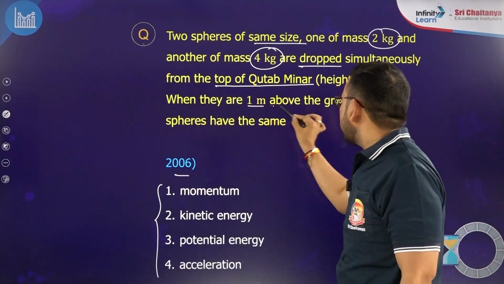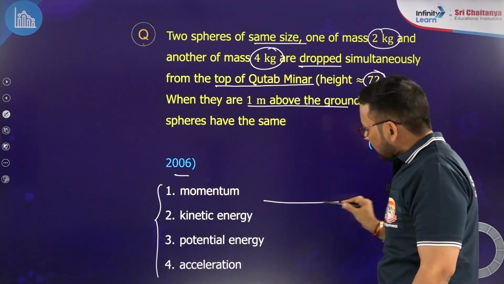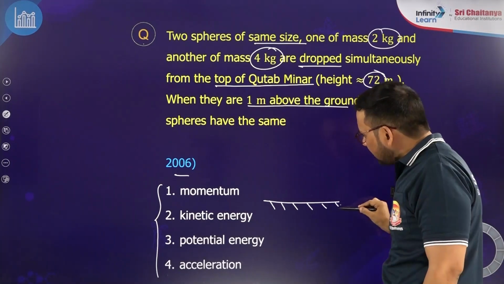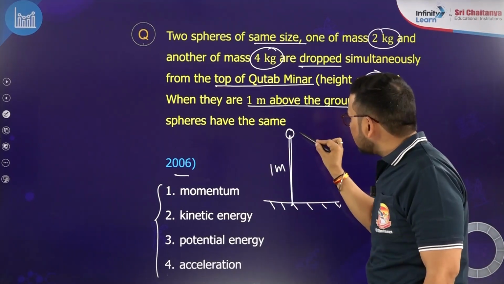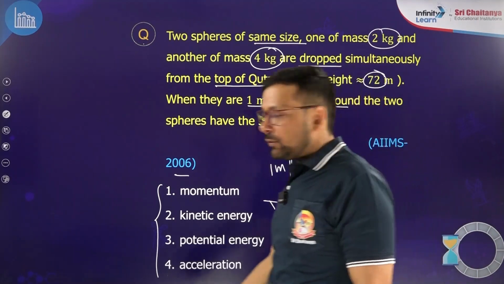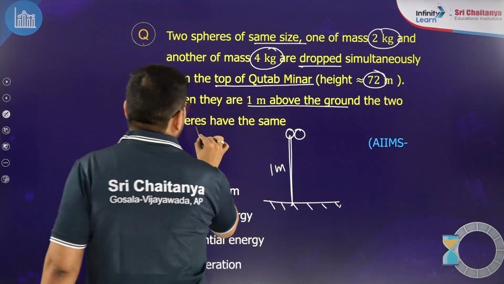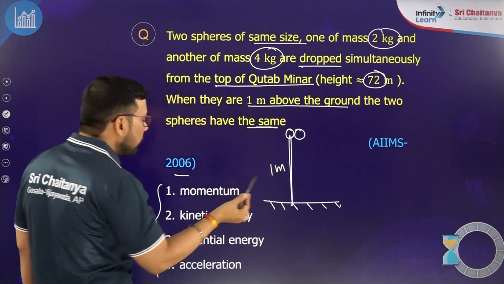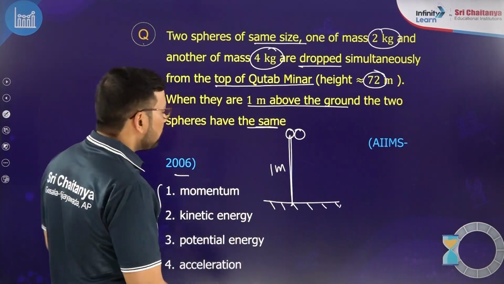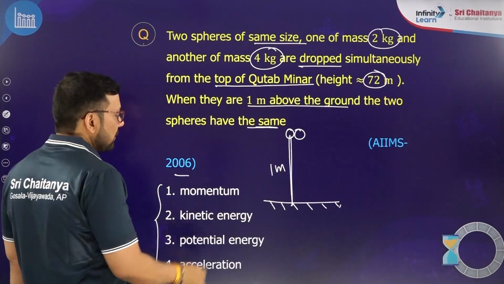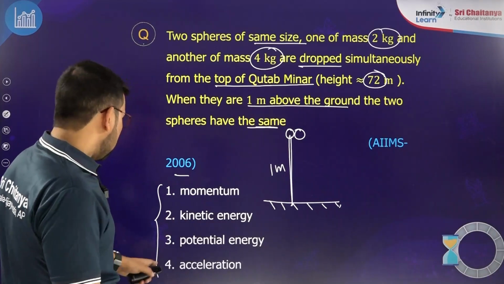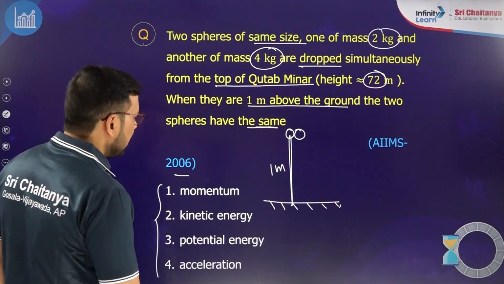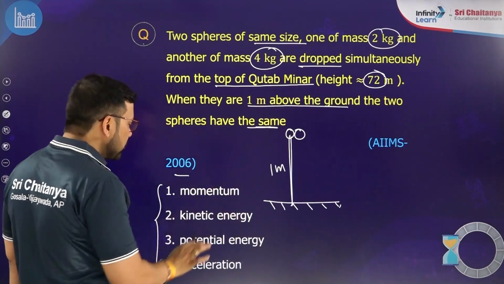When they are at 1 meter above the ground, my dear students, this is your ground here. 1 meter above, here are two particles. Okay. Now, they will have same what? Let's discuss what they will have same. Momentum, kinetic energy, potential energy and acceleration. See, what depends on mass?